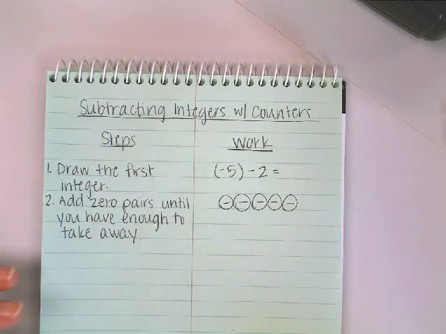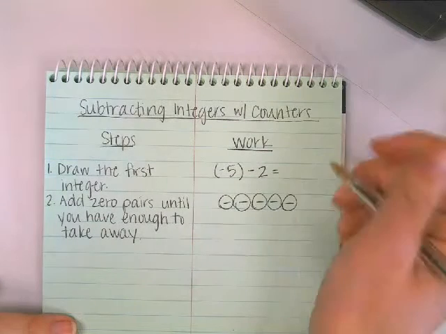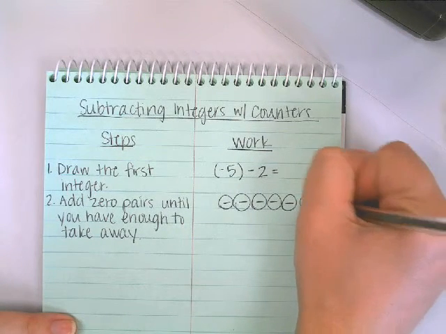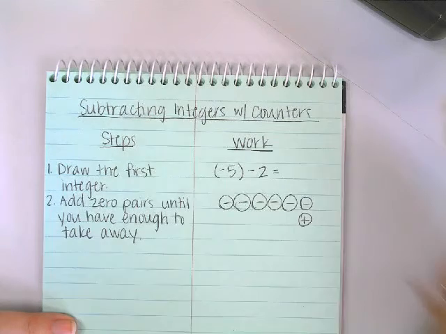So I need to make sure I have 2 positives to take away, which means I'm going to have to add 0 pairs until I have those 2 positives.